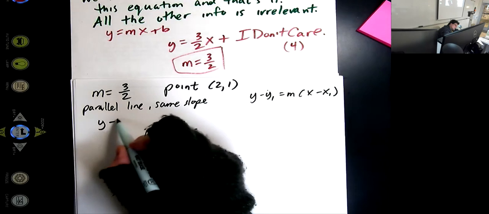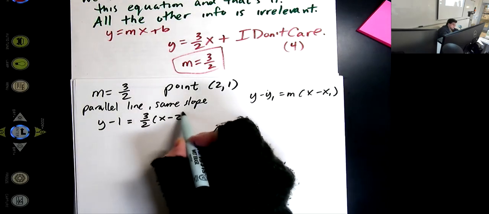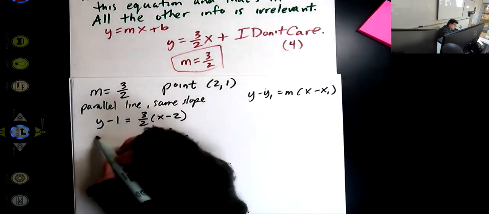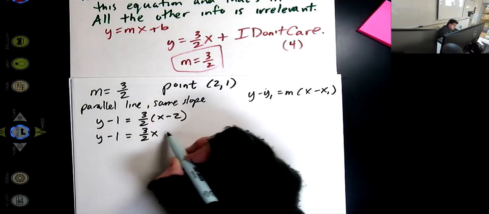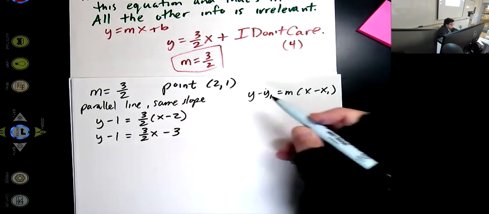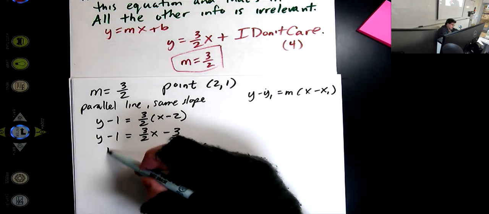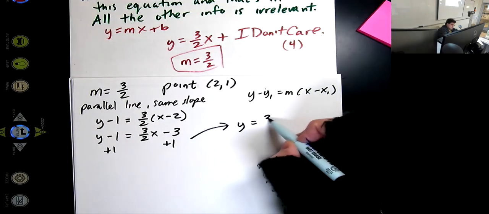Y minus 1 equals 3/2 times x minus 2. If I distribute that, I've got y minus 1 equals 3/2 x minus 3. I add 1 to both sides. I get y equals 3/2 x minus 2.